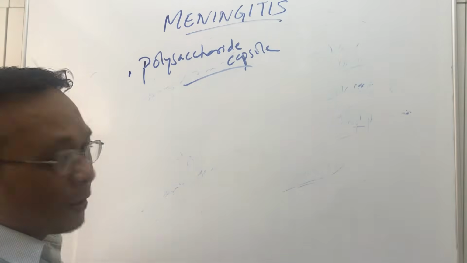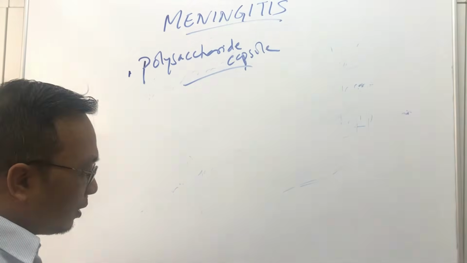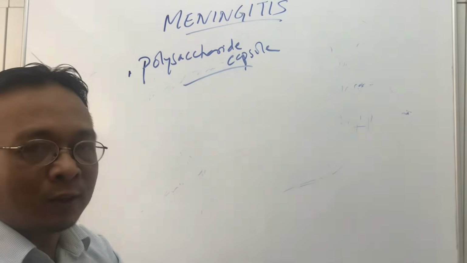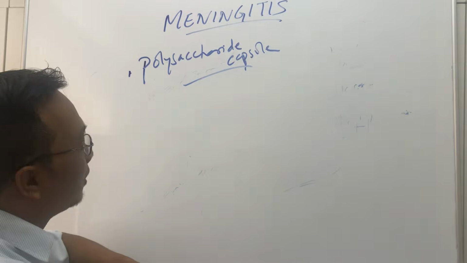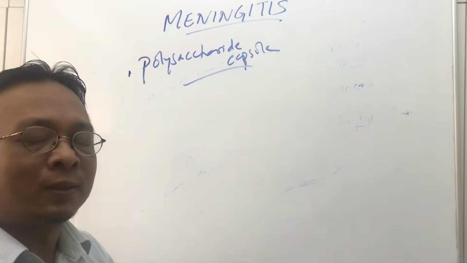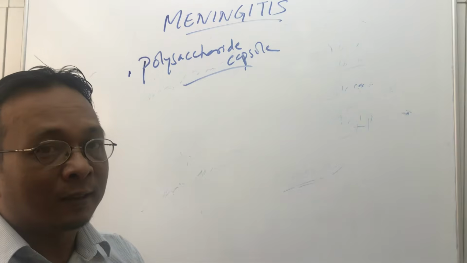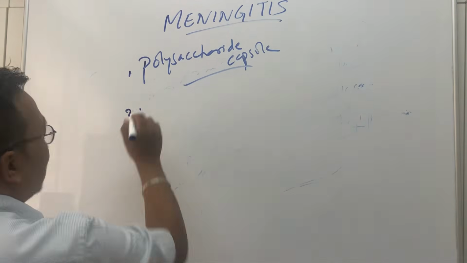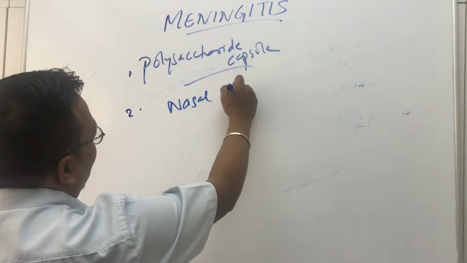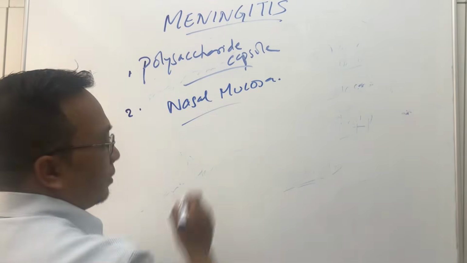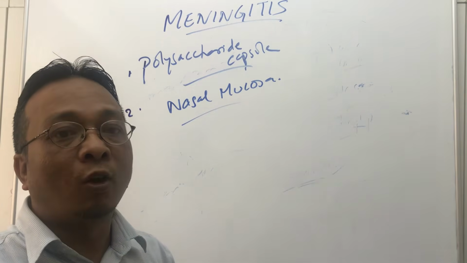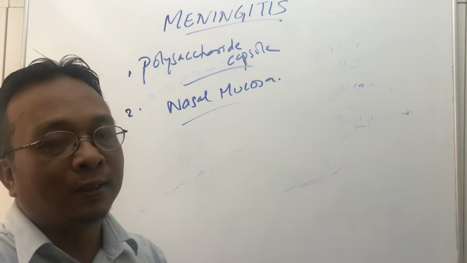Okay, now let's try to understand the pathophysiology. Why do Streptococcus pneumoniae, Haemophilus influenzae and Neisseria meningitidis have another common thing? They normally inhabit our nasal mucosa.